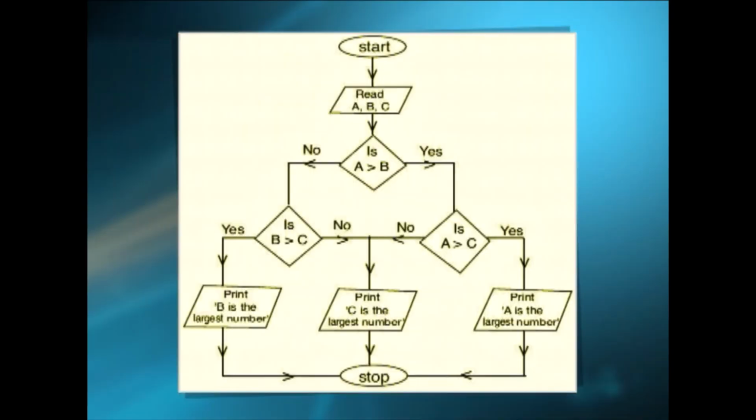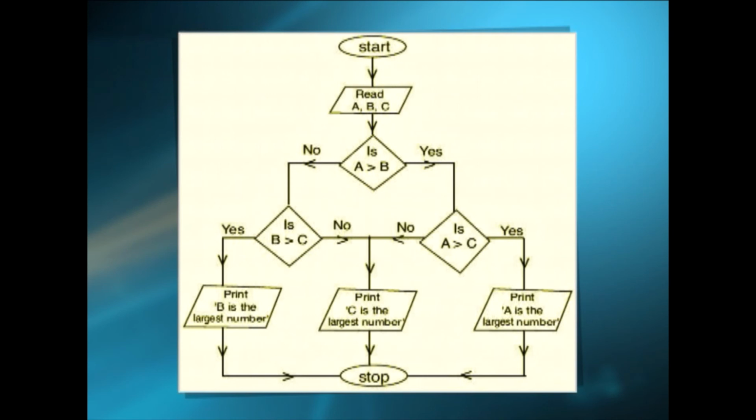Let us go through another example of designing a flowchart to find the largest of three entered numbers. Here, we read three values into the variables a, b and c. First, check whether a is greater than b. If yes, then check a with c.